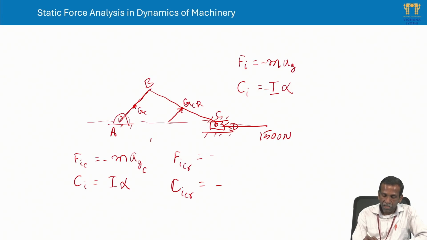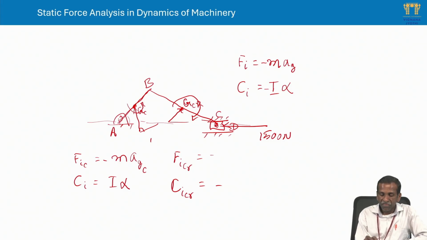Similarly here, let us say this is the inertia force, which is opposite to the accelerating force. Then this is the inclination of the inertia force. Similarly, the directions of inertia couples we can also understand from the acceleration diagram. Let me say the inertia couple is this one. So now you consider this entire system as a static problem and apply moment or force equilibrium equations, whichever are required.